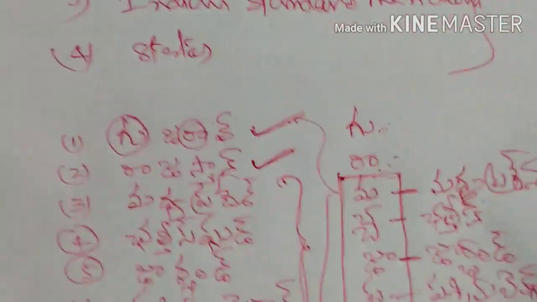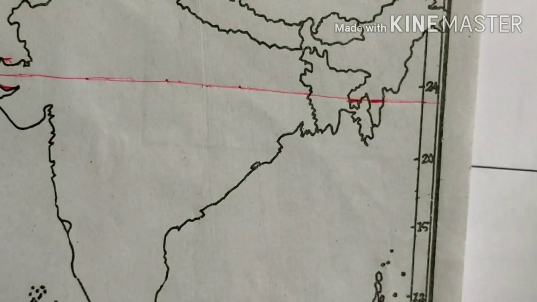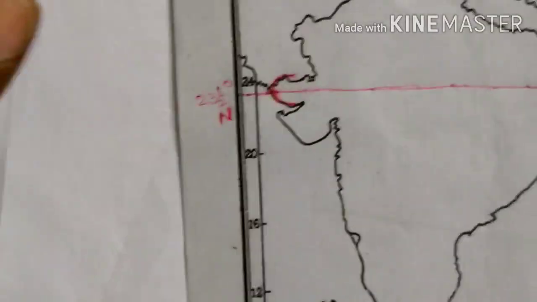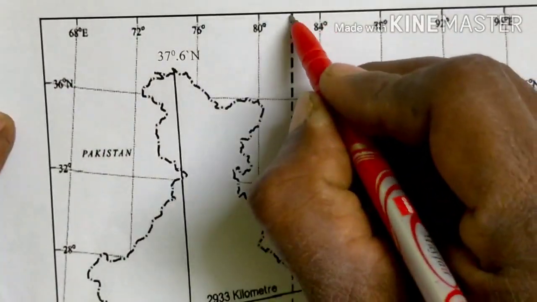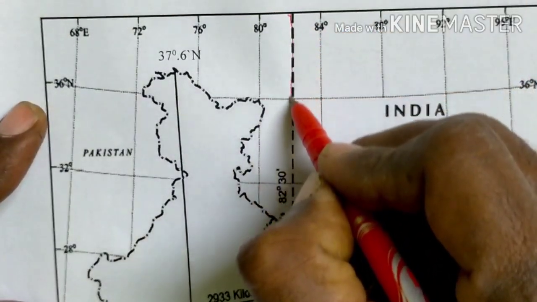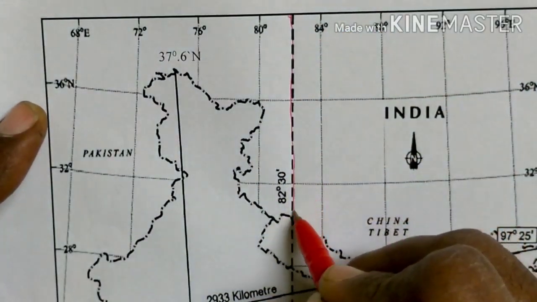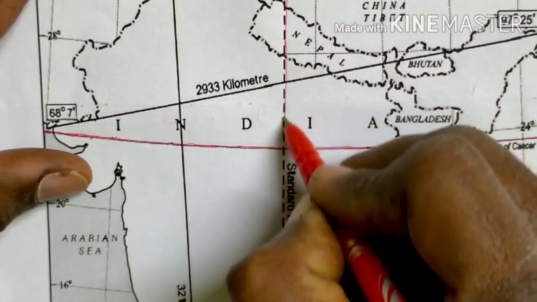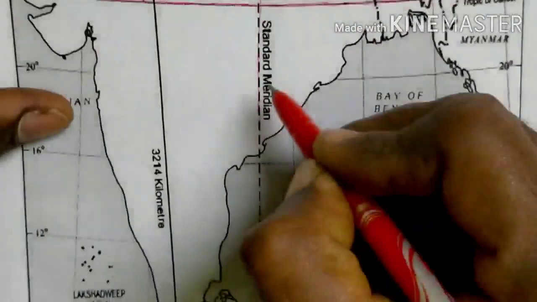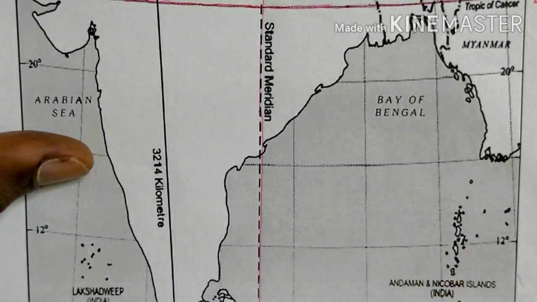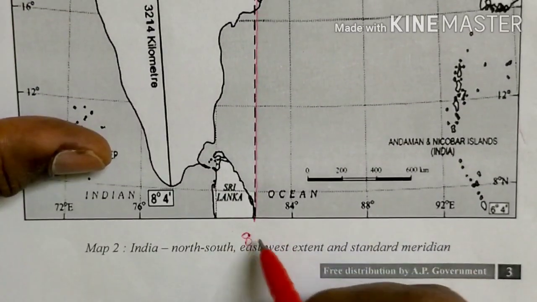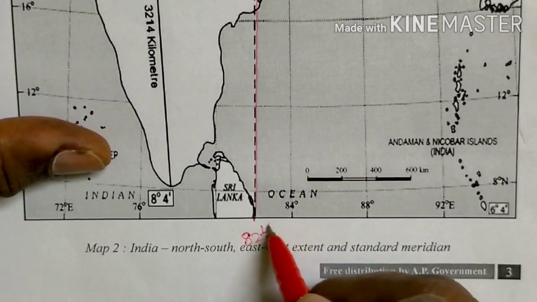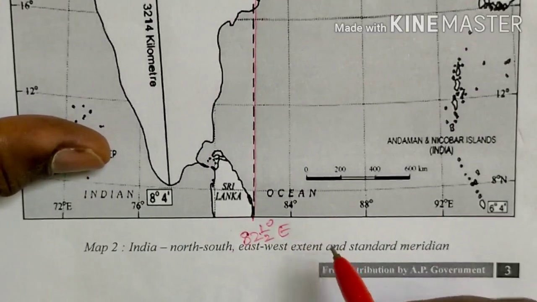Next we know about the Indian Standard Meridian. Look at this map. Look at this line. This is the Indian Standard Meridian. 82 and a half degrees east longitude.